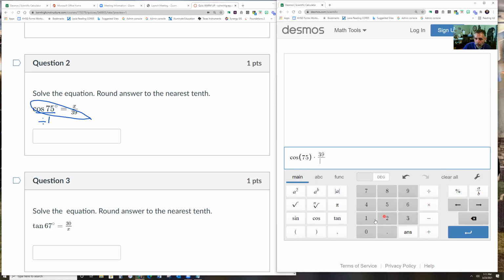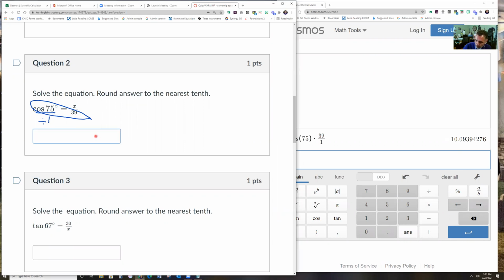And then if you want, you can put divided by 1, push enter, and then that's 10.1. That rounds to 10.1 because of the 9 that's here. It pushes that one over.